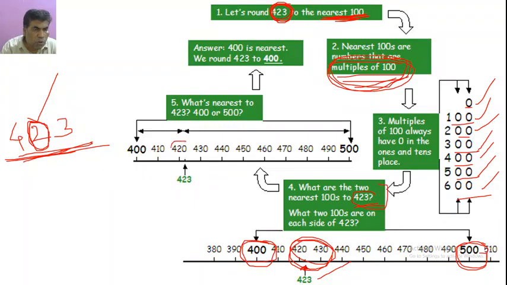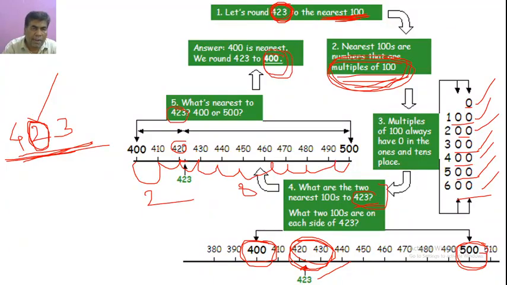Let's take from 420 because it is nearer. 1, 2, 2 places from 420 on this side. And 1, 2, 3, 4, 5, 6, 7, 8, 8 places. So what is the answer? 423 is nearer to 400.